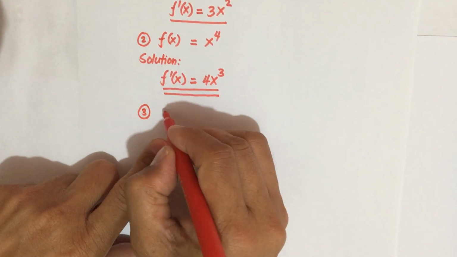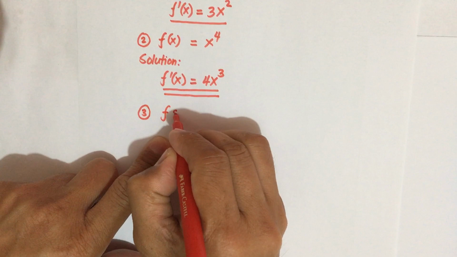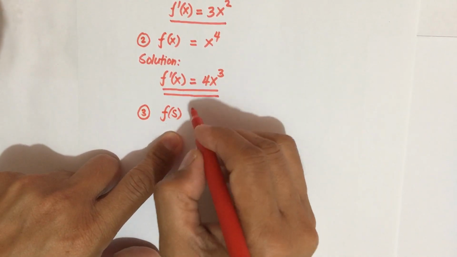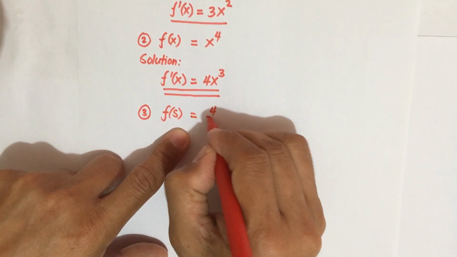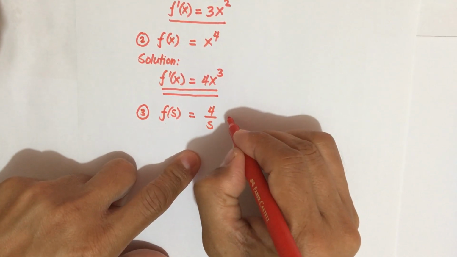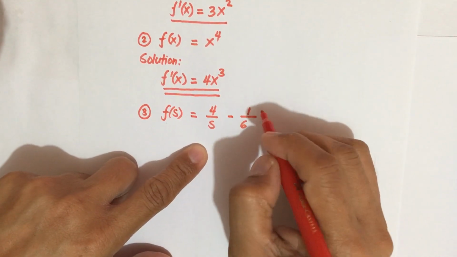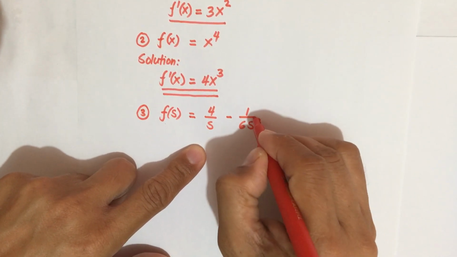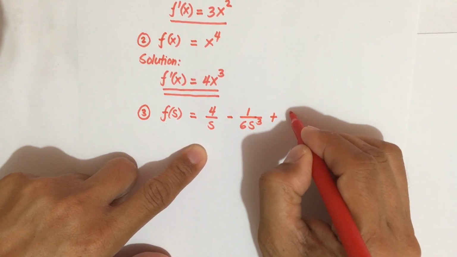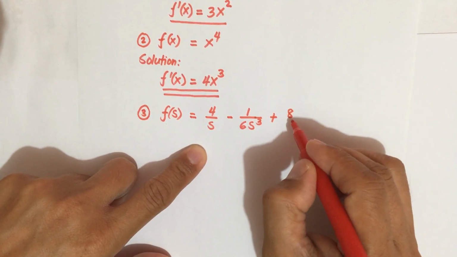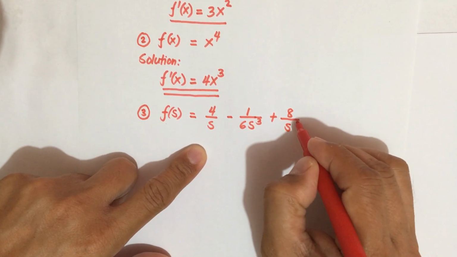For example, if you are given a function of s equal to 4 over s, minus 1 over 6 s cubed, plus 8 divided by s to the fifth power.